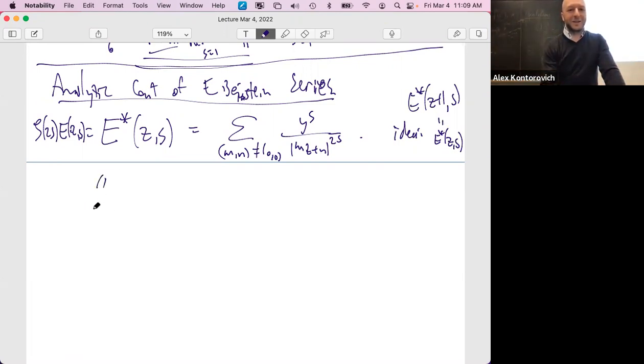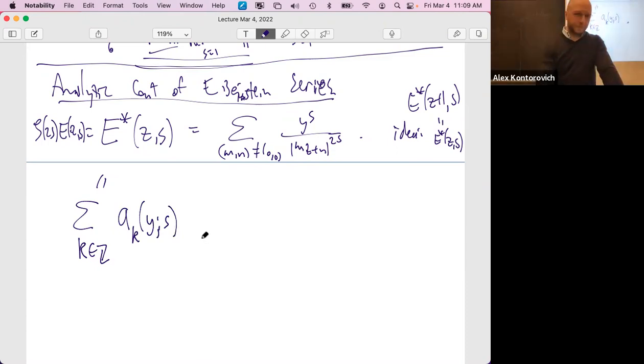So this is a sum over its Fourier series, a sum over k in Z of whatever the Fourier coefficient is. Let's call that a_k. Something has to be said about why you can do this pointwise, but the analysis does work out. It's a smooth function and it has enough decay in some region.